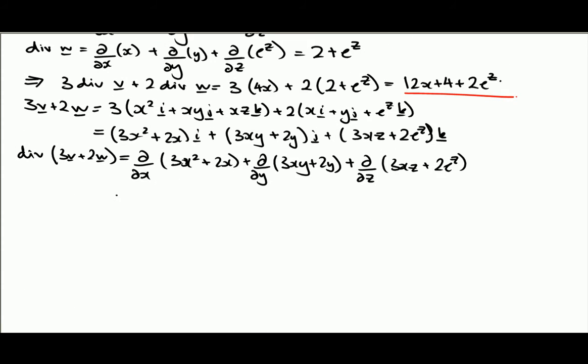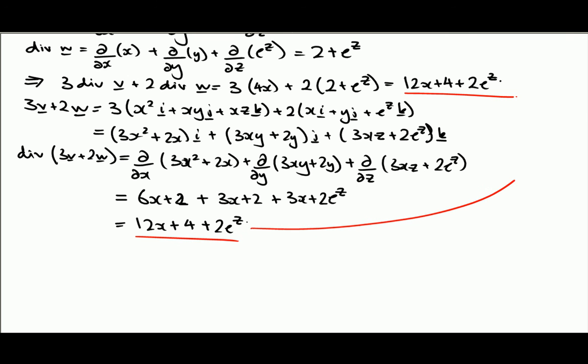If we evaluate this, this gives us 6x plus 2, plus 3x plus 2, plus 3x plus 2e to the z. So adding that all together, we've got 6 plus 3 plus 3, so that's 12x plus 4 plus 2e to the z, which is exactly what we had before.